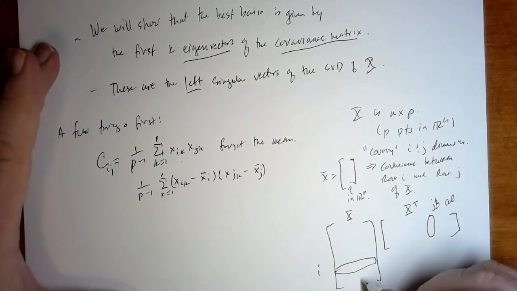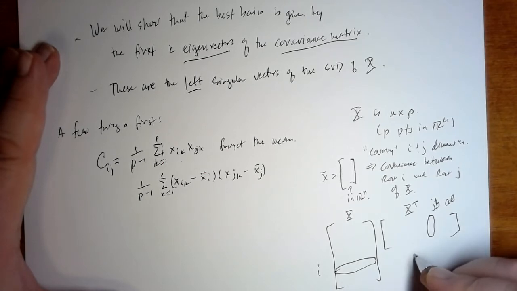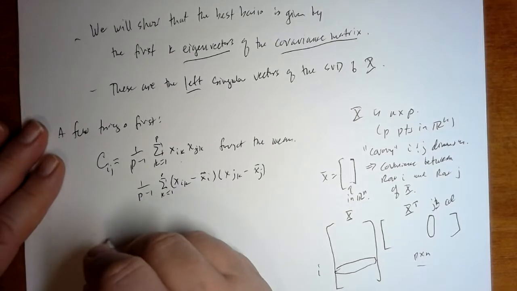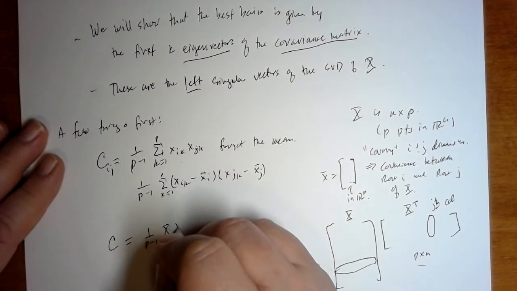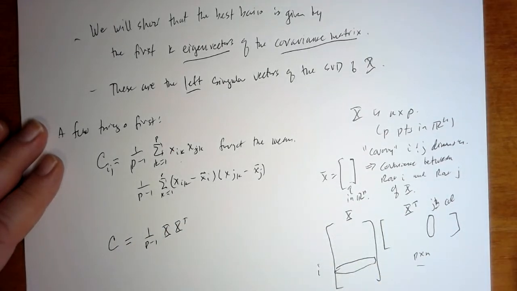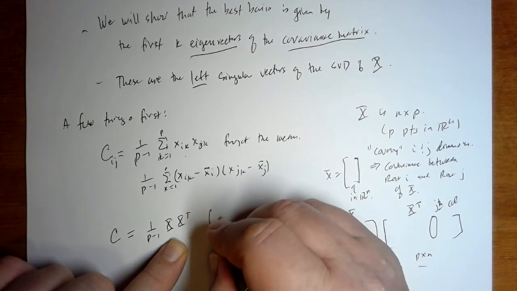And so if this is n by p, this one is p by n, and you end up with an n by n matrix. So C can be written in matrix form as just X times X transpose, but this is assuming that the data is mean subtracted.